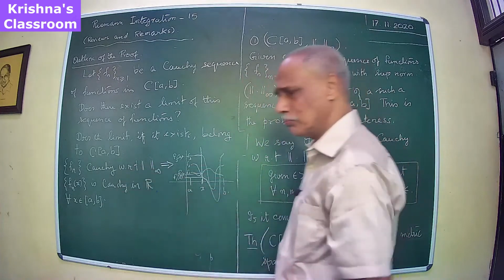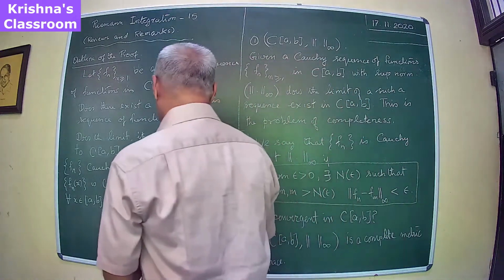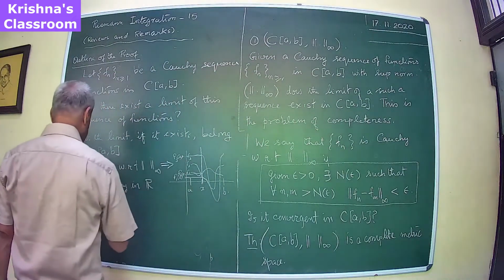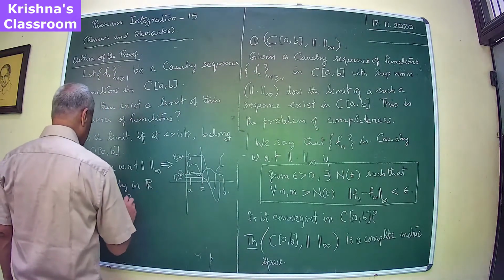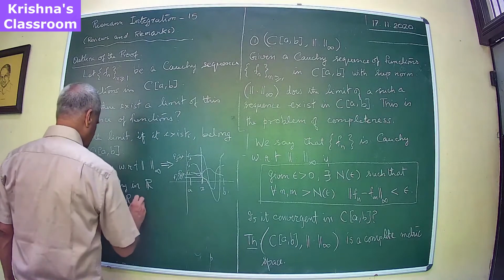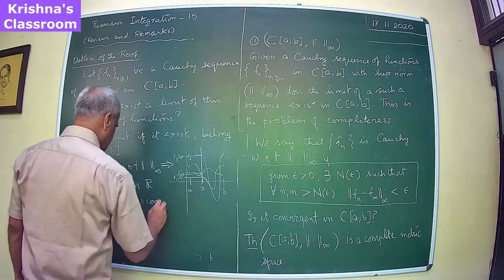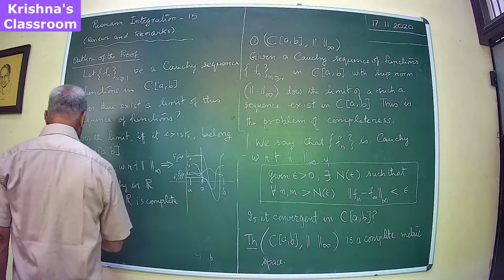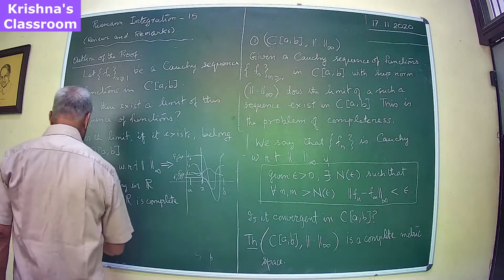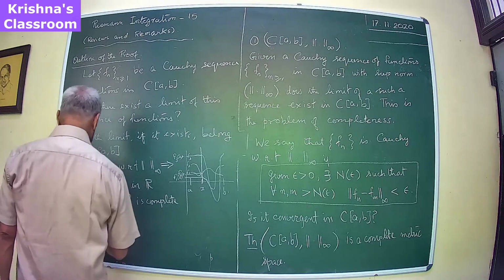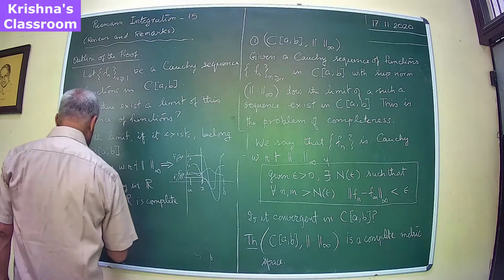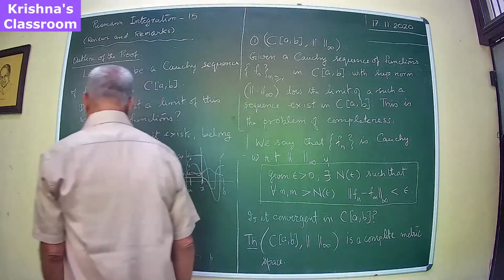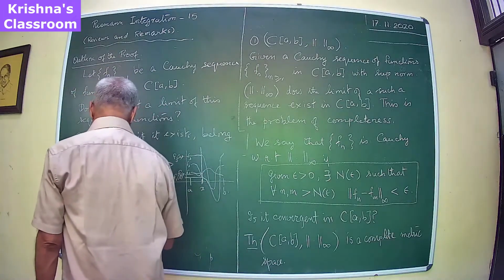I leave it to you to verify this. And you know that R is complete, so the limit exists for each x.